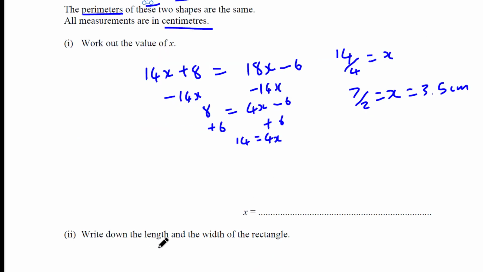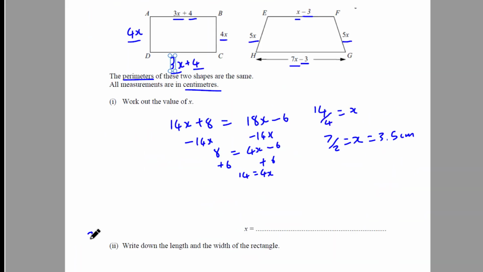Now part 2 says write down the length and width of the rectangle. 3x plus 4, we need to sub in x equals 3.5. So that will be 10.5 add 4, which equals 14.5.